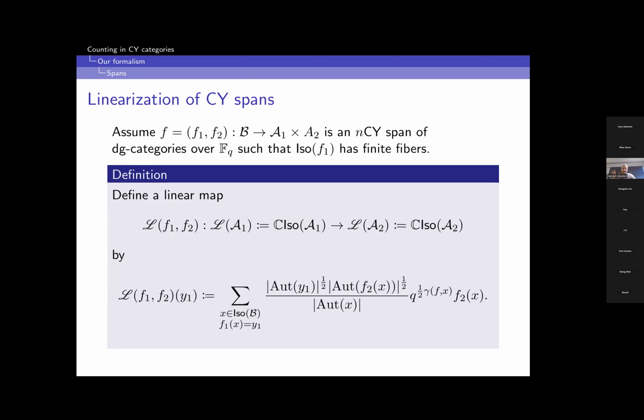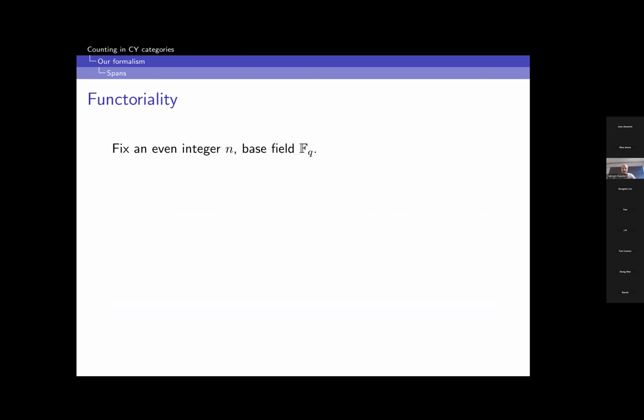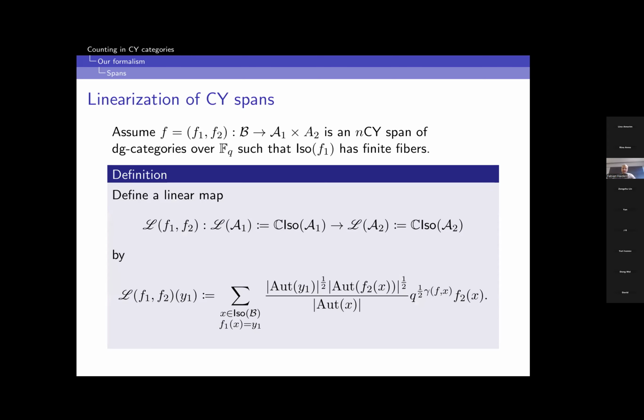It's playing around with lots of long exact sequences. It's not completely trivial that this is a functor. But you can view this as some justification for this definition, saying that it has some functoriality properties.